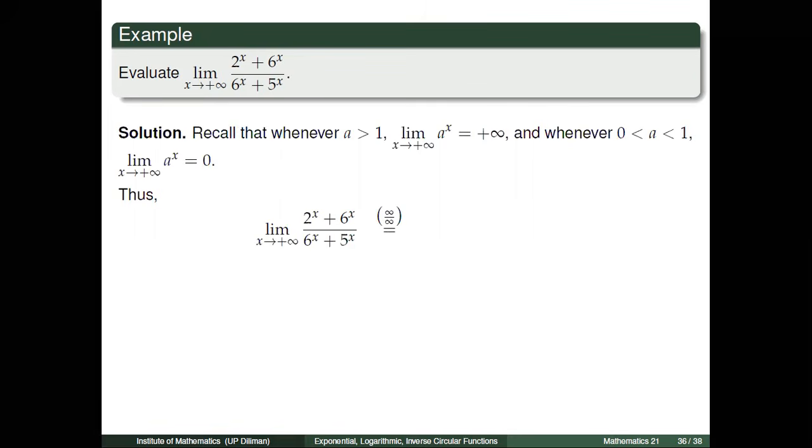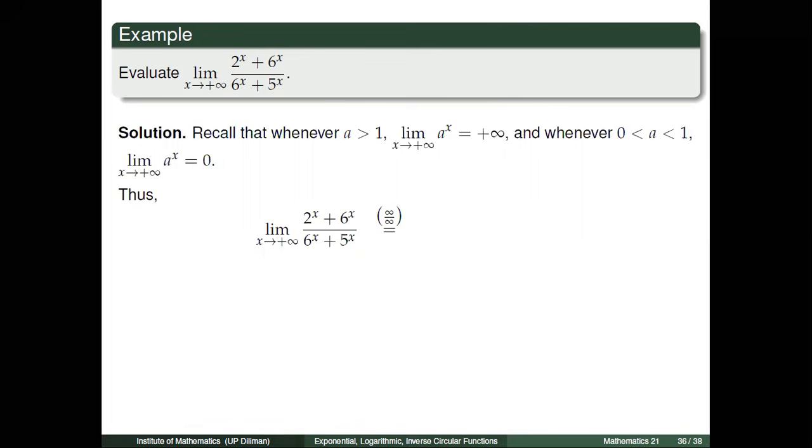Recall our technique for limits of rational functions at infinity. We multiplied and divided by the reciprocal of the highest power of x in the denominator so that we obtain in the denominator the sum of a non-zero constant and negative powers of x, all of which approach zero as x becomes infinite. The technique here is similar.